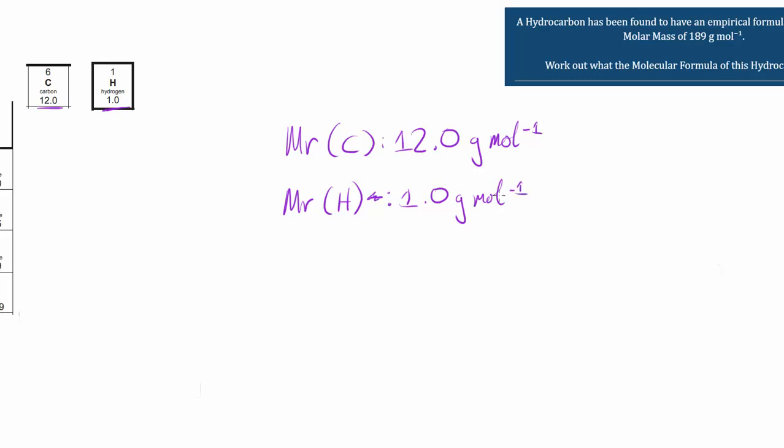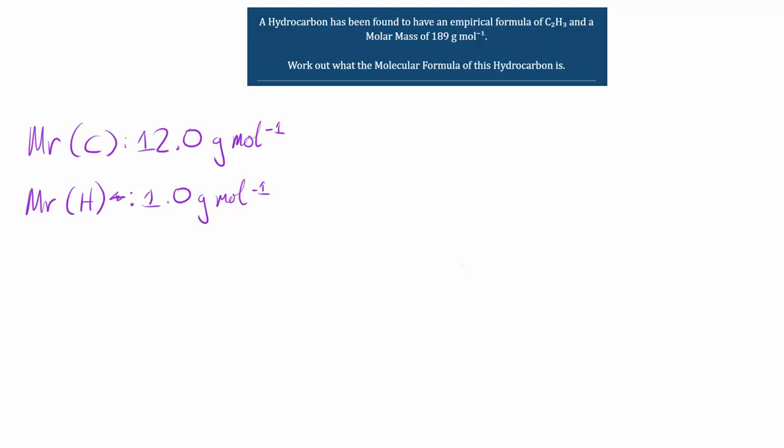Right? Okay, so given we've got these values, all I need to do is multiply them by their respective coefficients, so how many times they occur in the formula, and add those up for each of the elements. So in this case, for carbon, we've got 12 times, and you can see the coefficient here is 2, right? It's 12 times 2. Plus for hydrogen, we've got 1 times the coefficient, which you can see is 3.